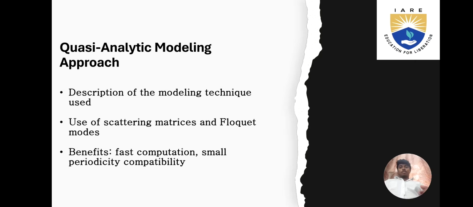This hybrid strategy provides accuracy, physical insight, and faster parameter sweeps useful in design and optimization of photonic devices. In summary, quasi-analytic modeling in photonics integrates simplified analytic models with targeted numerical computations, enabling practical yet rigorous analysis of complex photonic structures with manageable computational resources.